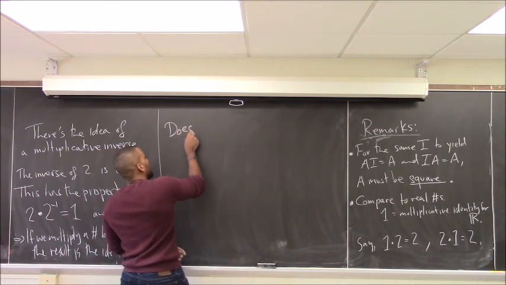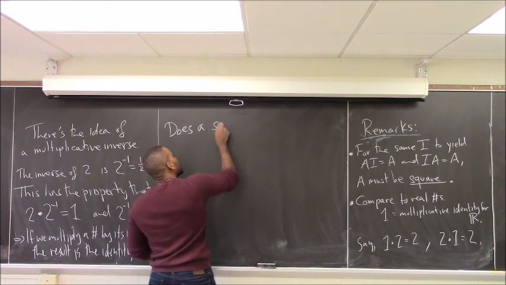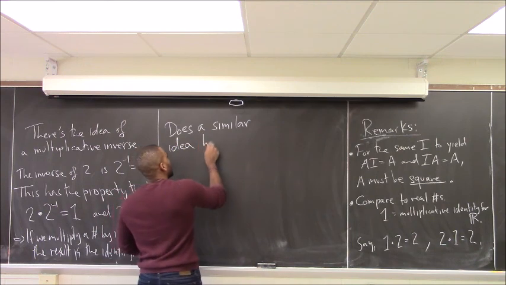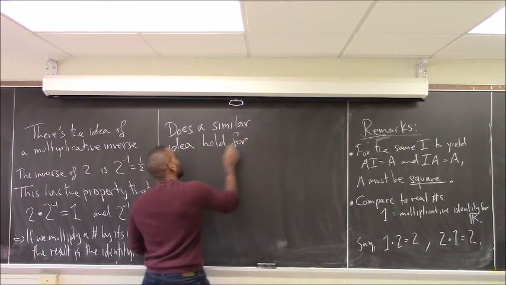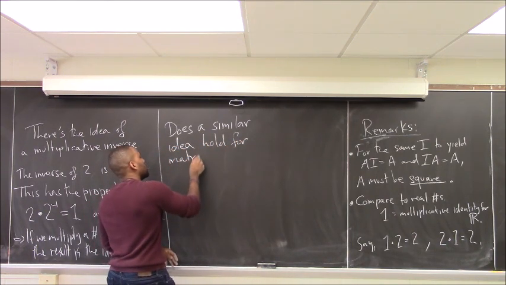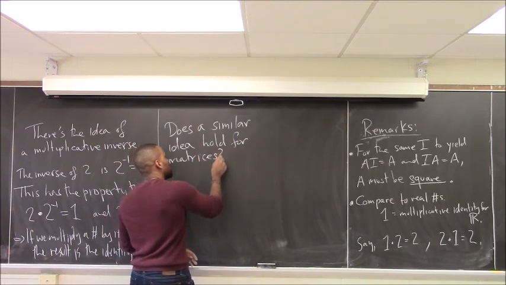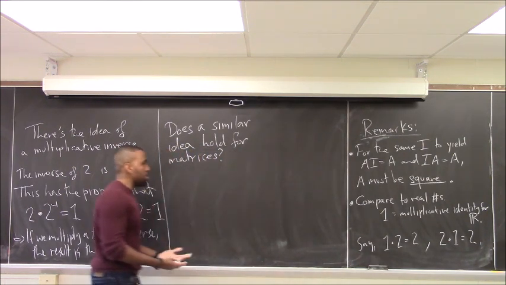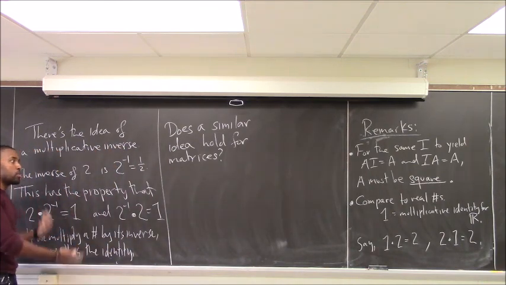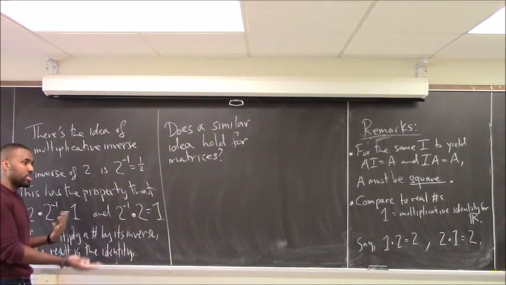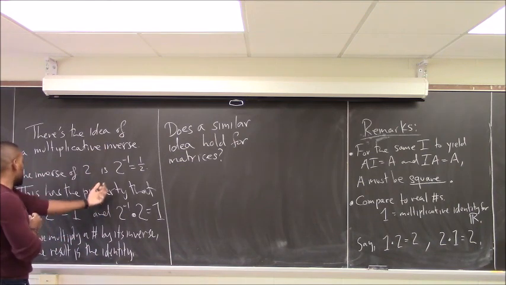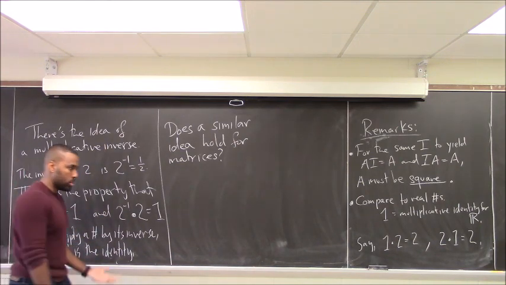Does a similar idea hold for matrices? So oftentimes when we're studying new mathematical objects, we want to know how they behave in relation to familiar properties that we're used to. Because if they behave similarly, we can do the similar kind of tricks. So we want to know, does something like this work for matrices?